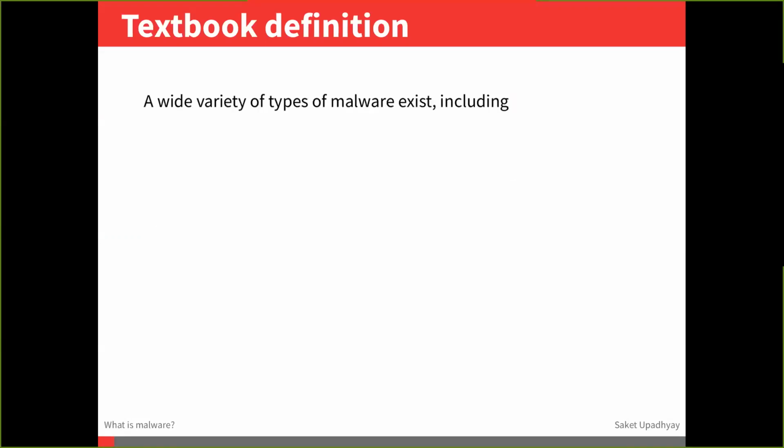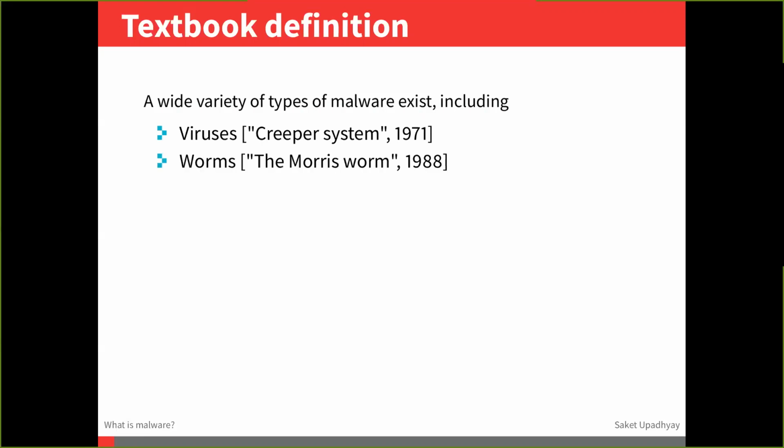There's a wide variety of malware right now. So we are talking about viruses. The first virus was the Creeper system, which was made accidentally in 1971. Then we have worms. The Morris worm was the first one in 1988.